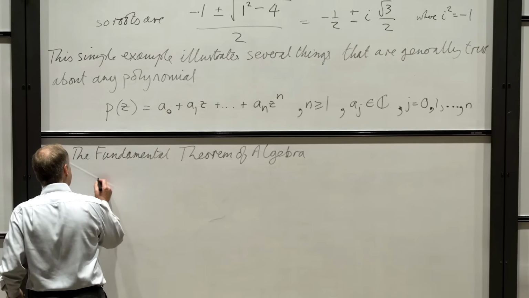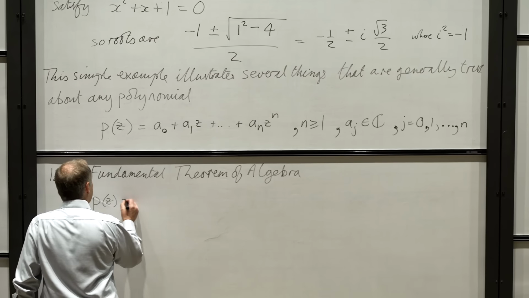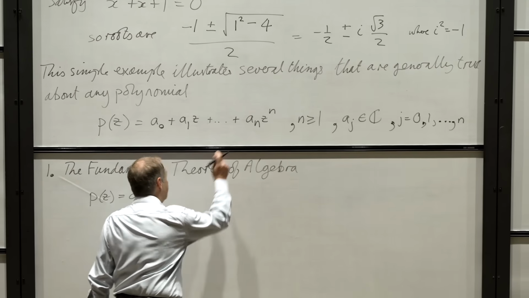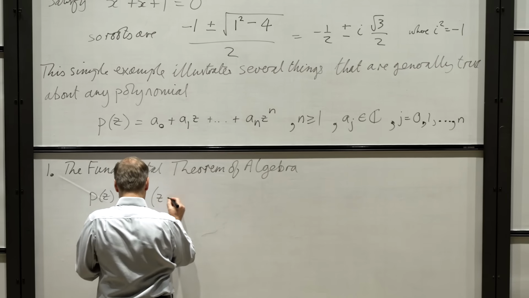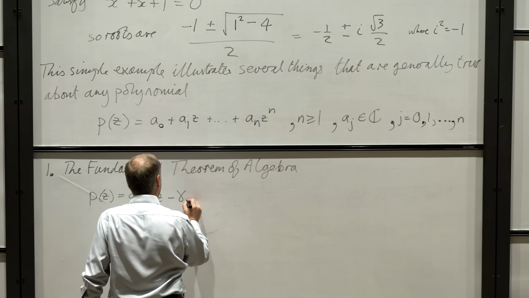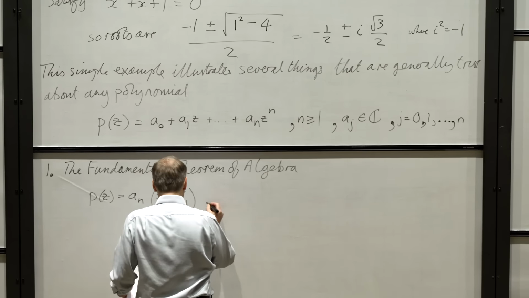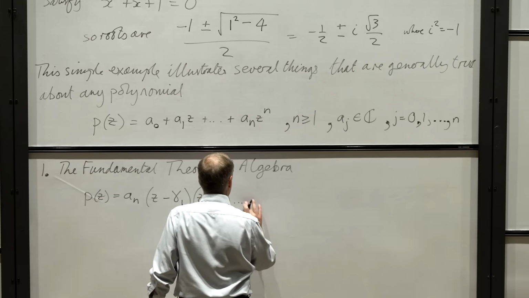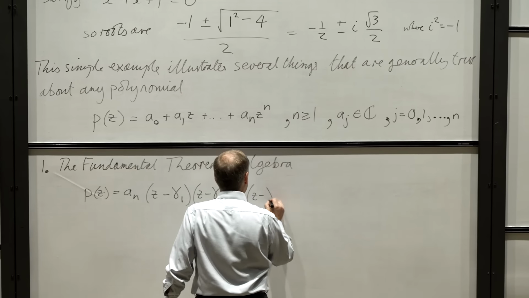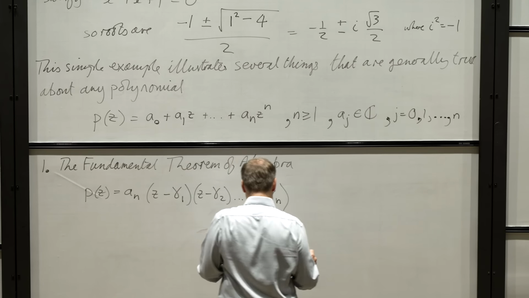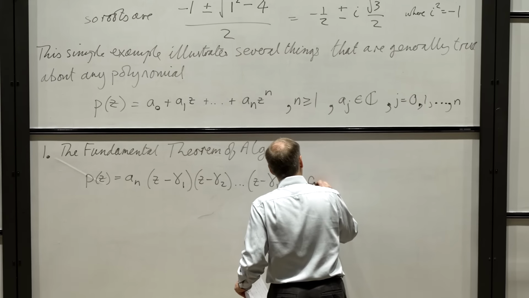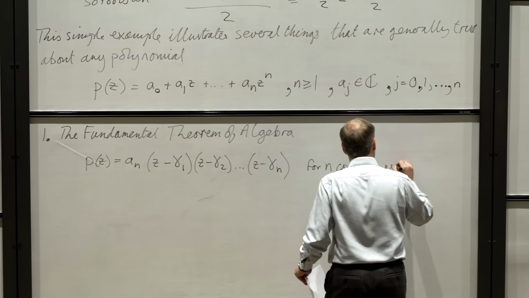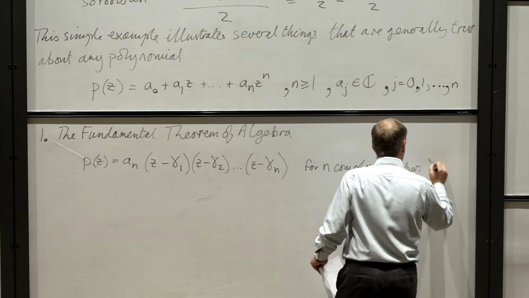And this says that P of z is equal to a sub n, that's this guy, times (z minus gamma 1) times (z minus gamma 2) times ... times (z minus gamma n), for n complex numbers gamma j.